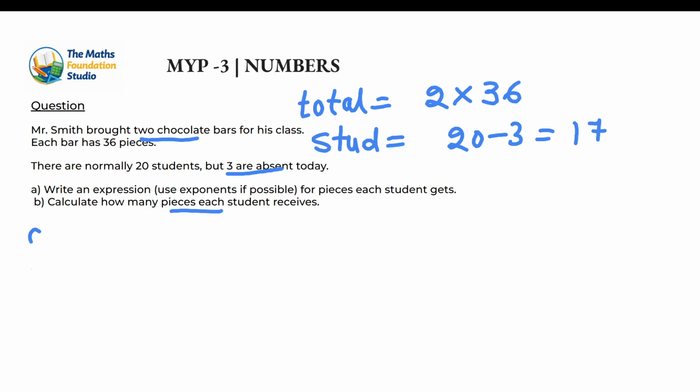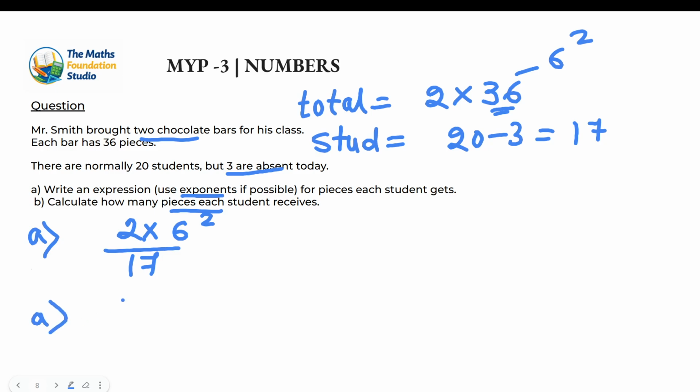Now let's write an expression using exponents. So amount each student received would be total number of chocolates, that is 2 multiplied by 6 to the power 2, because here 36 is actually 6 to the power 2, divided by number of students present that day, which is 17.